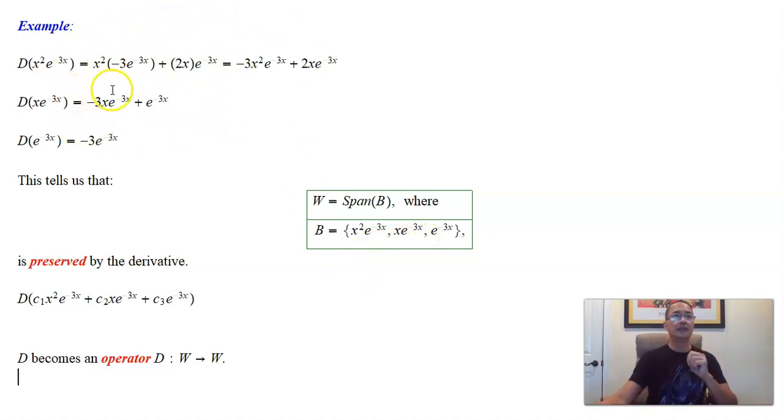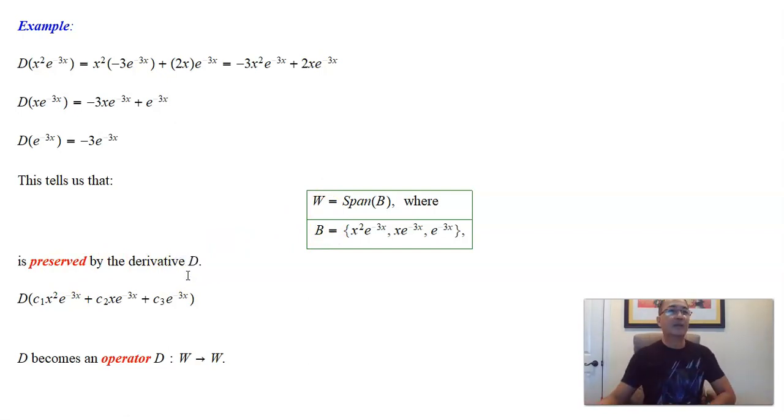These calculations tell us that the derivative of any function in the span is still a function in that span. That allows us now to say that this W is preserved by the derivative, which we symbolize with capital V.